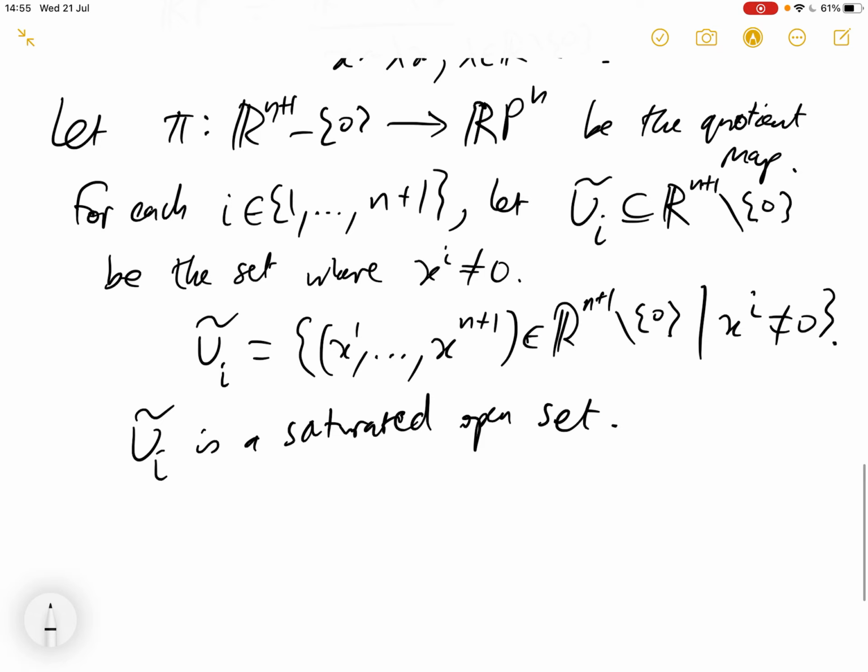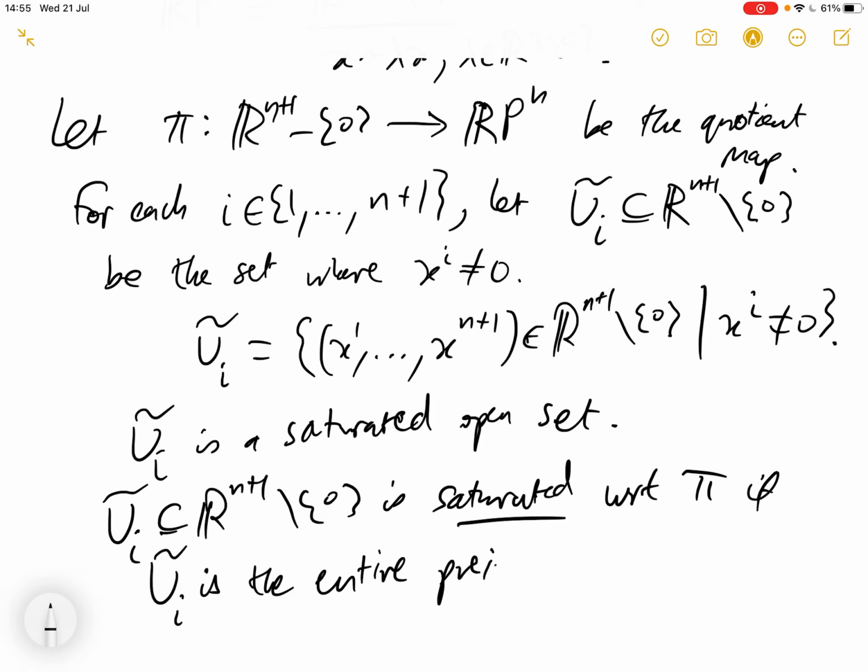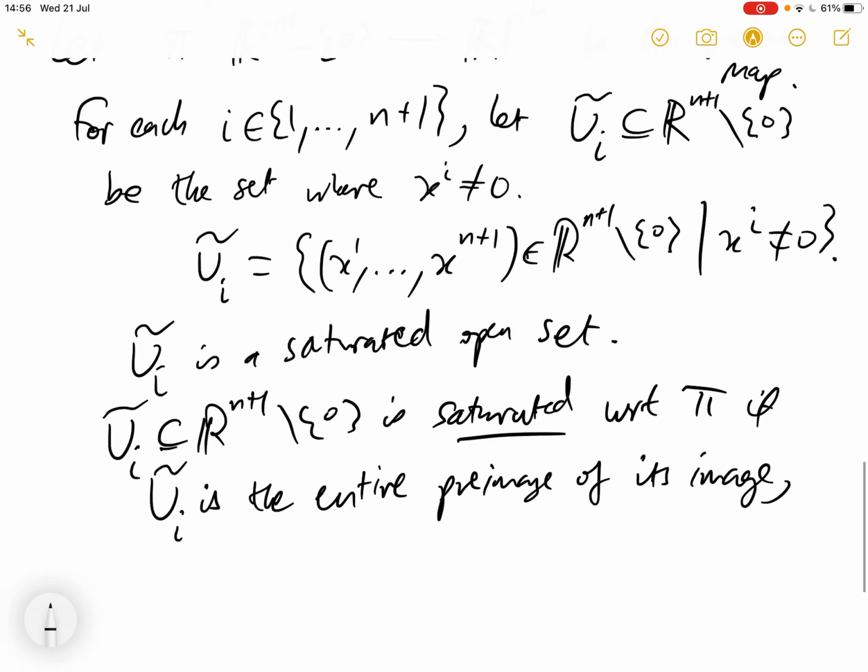Well, U_i tilde in R^(n+1) without 0 is said to be saturated with respect to the quotient map pi if U_i tilde is the entire pre-image of its image.